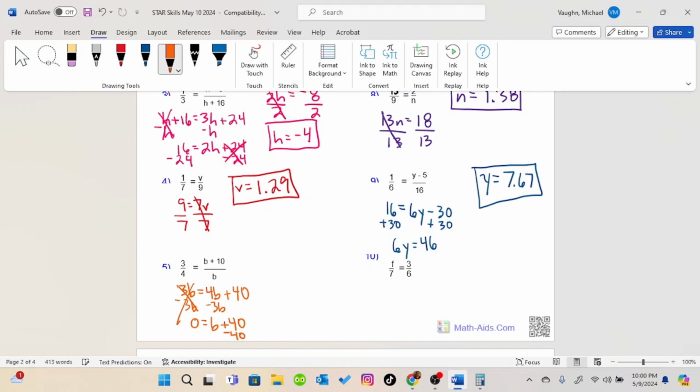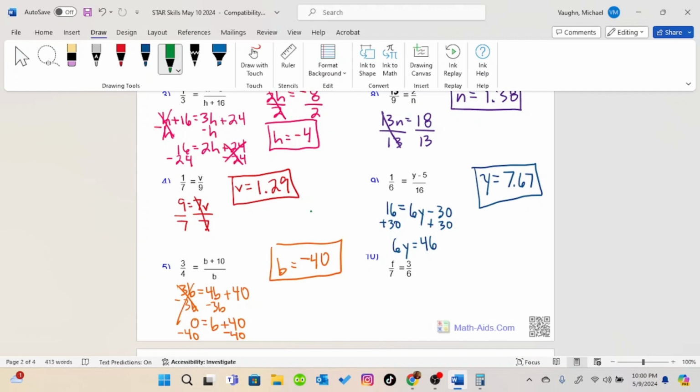We subtract 40 from both sides, and we find out b equals negative 40. And number 10, we cross multiply.